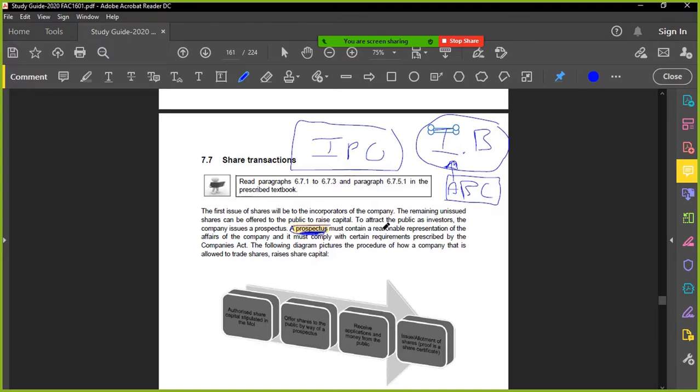A prospectus is like a marketing tool, like a brochure. It's basically giving information about the company before they list, and then shareholders, you and I and other people or other companies and businesses, will decide whether they want to invest or not based on this prospectus.